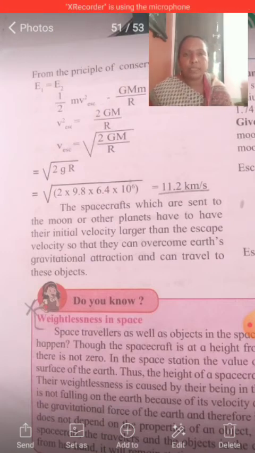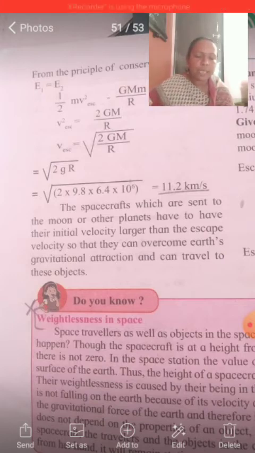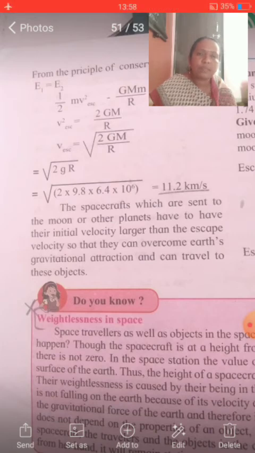You know what is meant by the escape velocity and what is its value. Then which objects need escape velocity? Here they have given us information. The spacecrafts which are sent to the moon or other planets must have their initial velocity larger than the escape velocity. The spacecrafts go into space, and their initial velocity must be greater than the escape velocity so that they can easily move outside the Earth's gravitational force area and go into space.